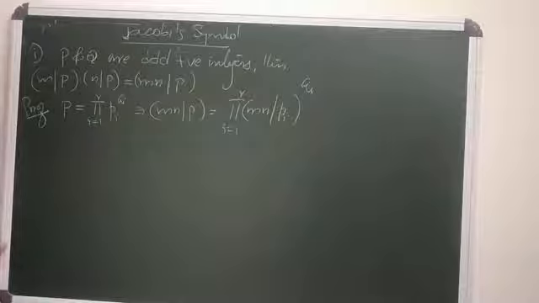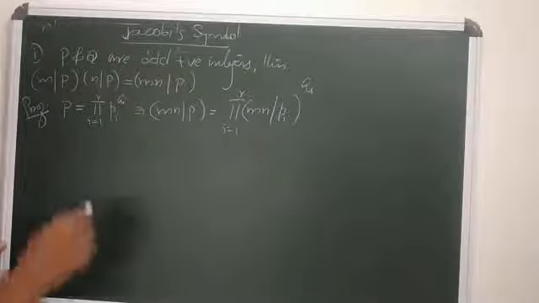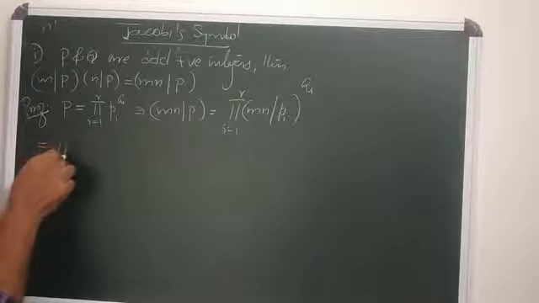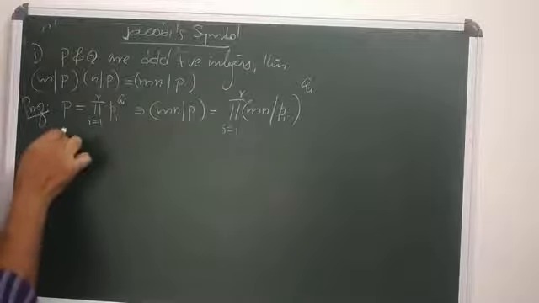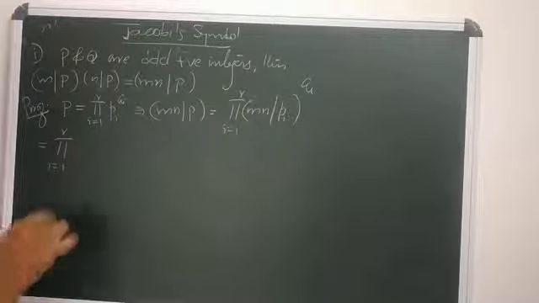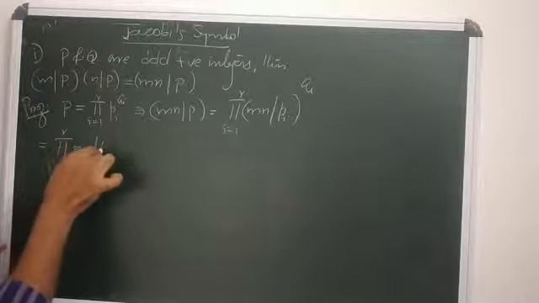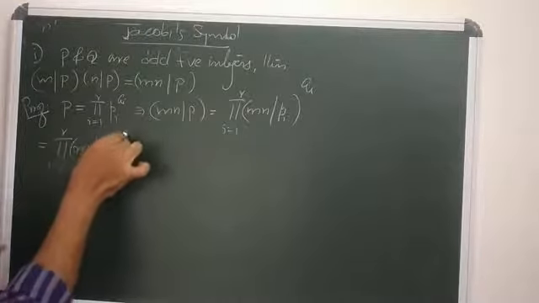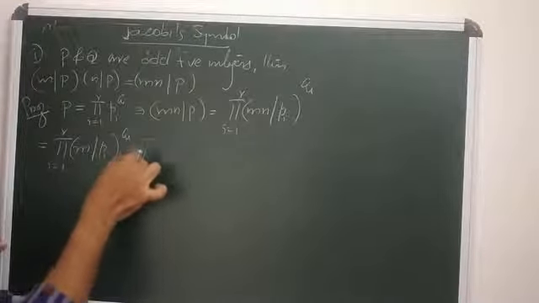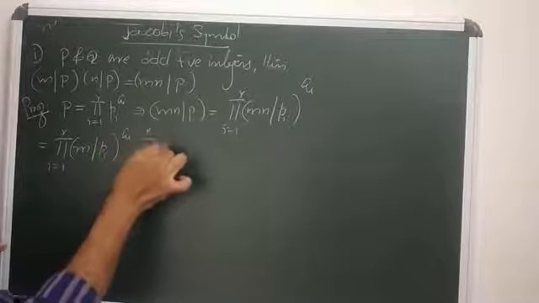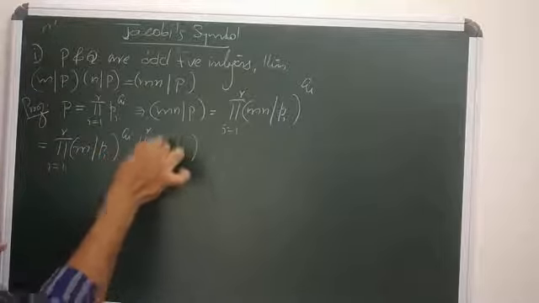So that is nothing but the product, i ranges from 1 to r, of (m/p_i) all to the power a_i, into the product, i ranges from 1 to r, of (n/p_i) all to the power a_i. Why?